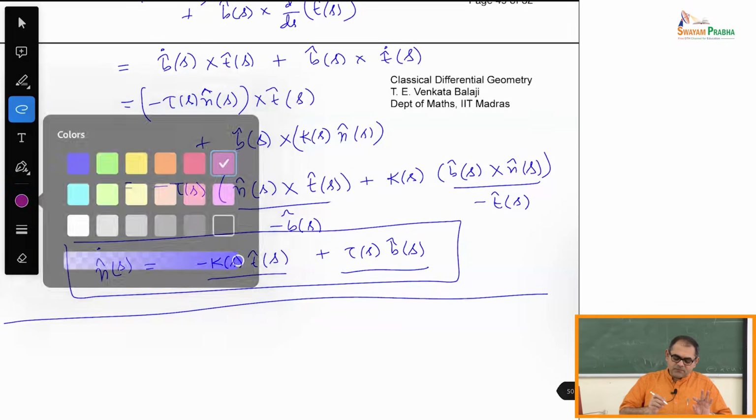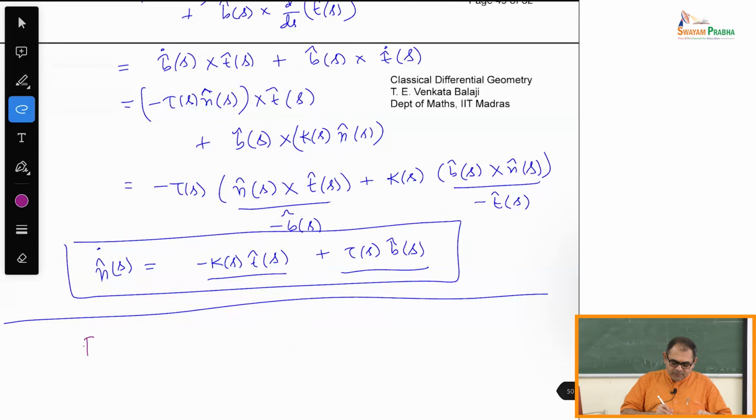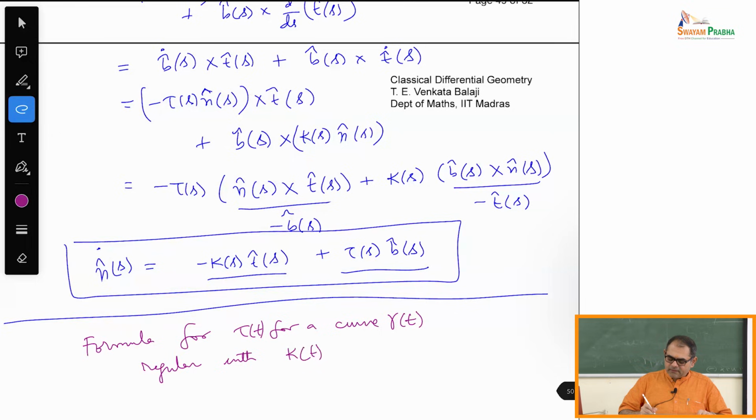Let me write this formula for tau of t, for a curve gamma of t regular with the curvature never zero.